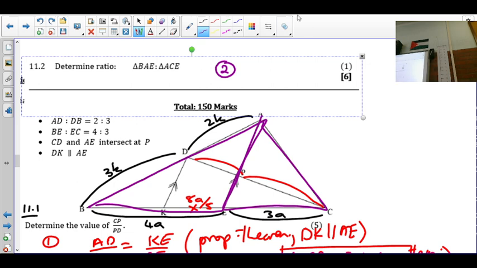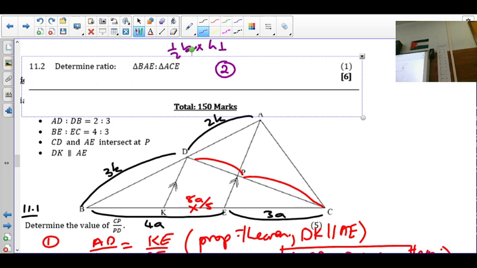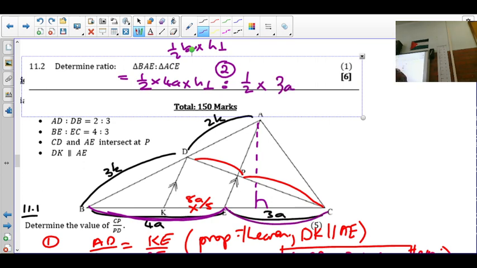So how do we calculate the area of a triangle? Half base times height, half base times perpendicular. So that would simply be half the base here, BE, which is 4A, times the perpendicular height, whatever it is there, is to half the base here, 3A, times the perpendicular height again, which is a common perpendicular.